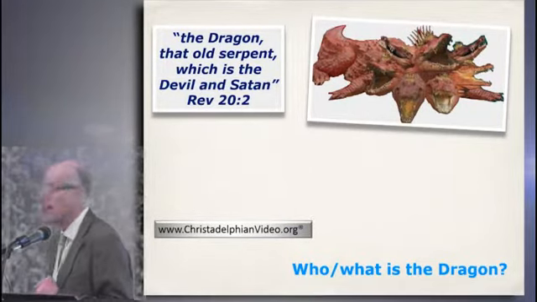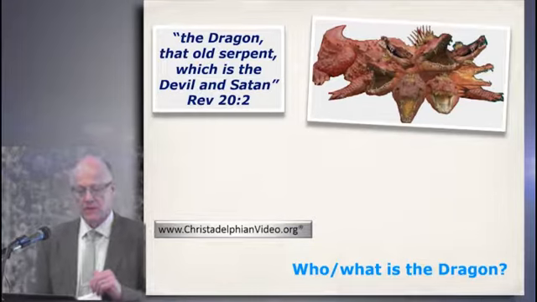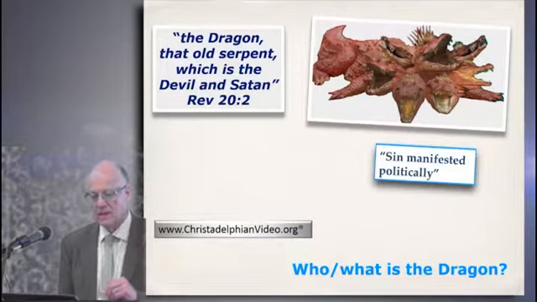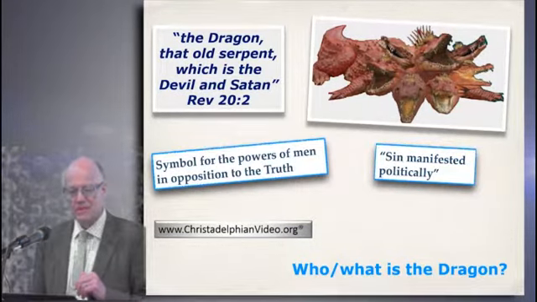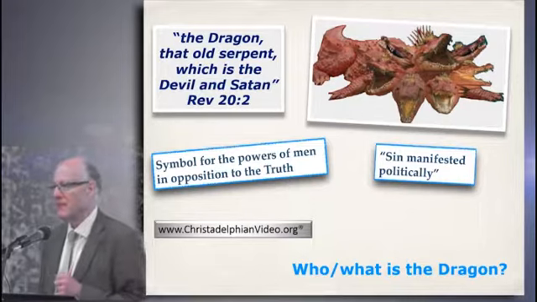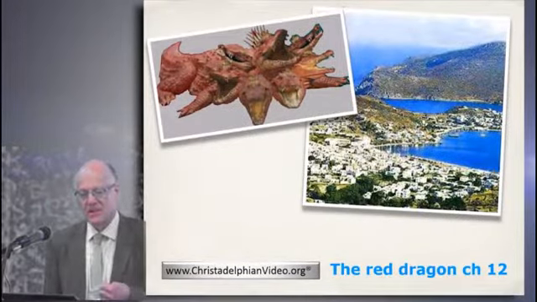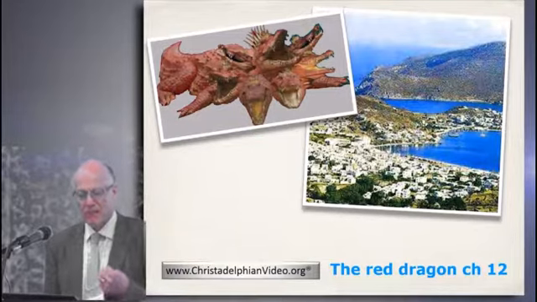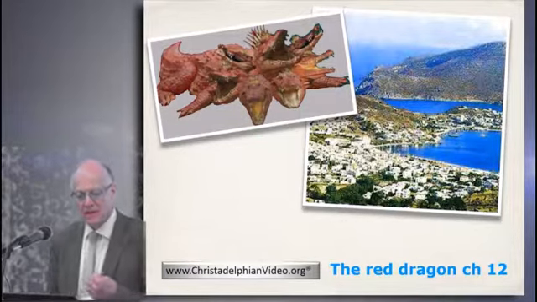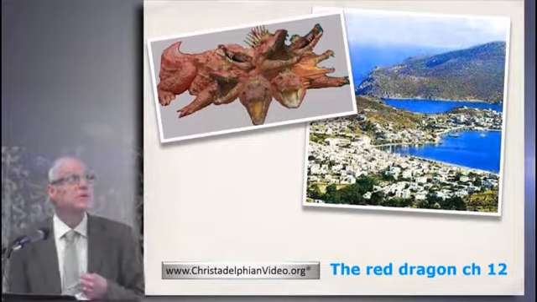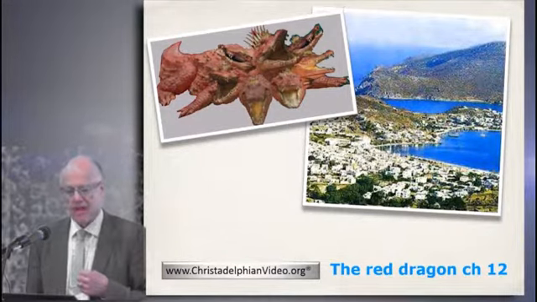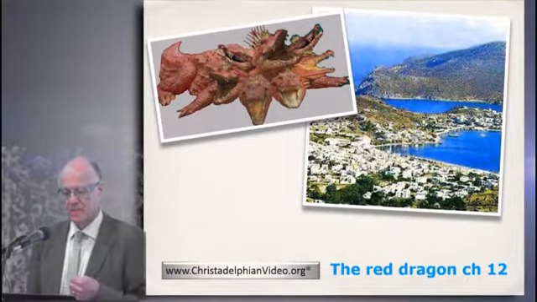John was on the Isle of Patmos when he had this revelation, and he was given this description in chapter 12 of this beast, a wonder in heaven, a red dragon having 7 heads and 10 horns and 7 crowns upon his heads.